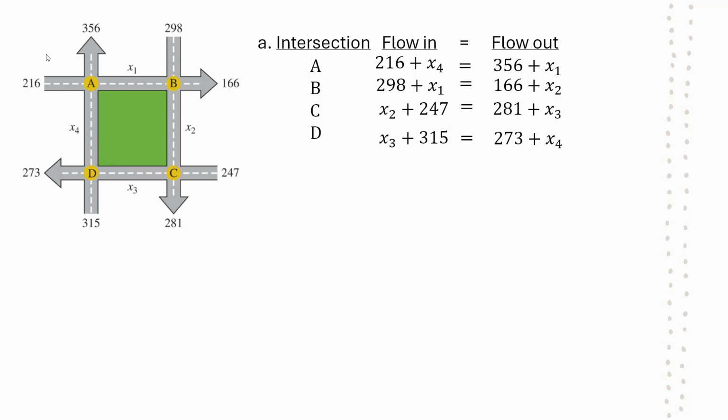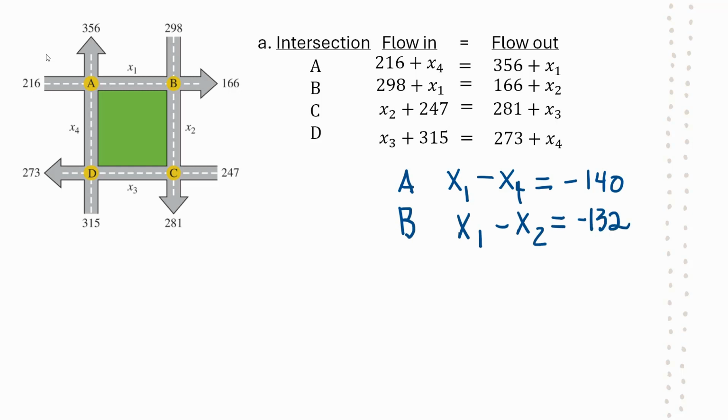So I'm just going to rearrange each equation so that you have x sub 1, x sub 2, x sub 3, x sub 4. Those values I'll put on the left side of each equation, and then I'll put the constant on the right side. So for the first equation, if we move everything around, we're going to have x sub 1 minus x sub 4 equals negative 140. And for equation B, you're going to have x sub 1 minus x sub 2 equals negative 132.